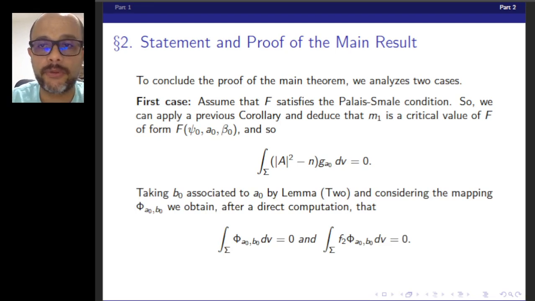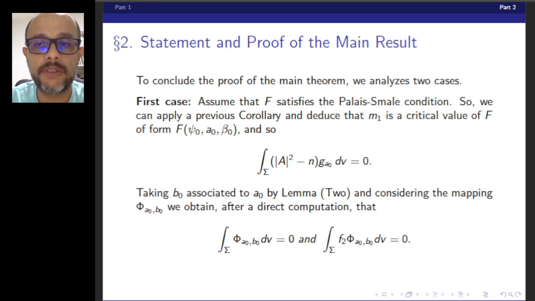So, if you observe, this means that the function g_{a_0} has mean 0, because the first part of the integral is constant. So the map g_{a_0} has 0 mean.